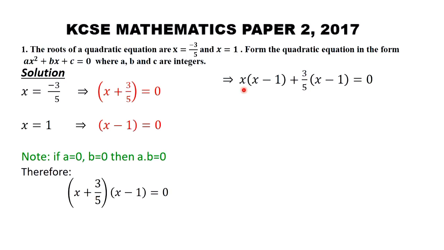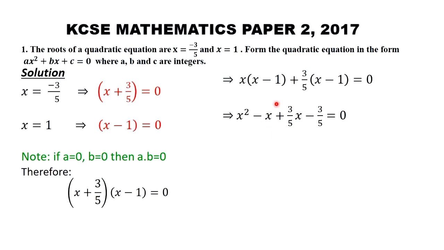Now expanding further, we'll have x by x, that gives us x squared, x by -1, that gives us -x, then 3/5 by x is 3/5x. We also have 3/5 by -1, that gives us -3/5, and then we equate to 0. Finally, we can combine the like terms.